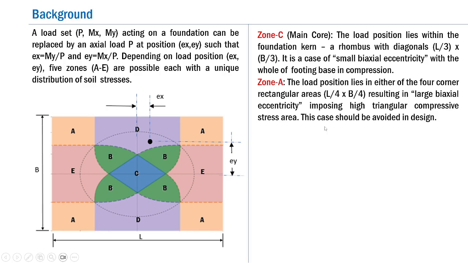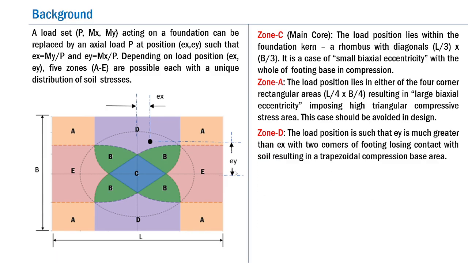The design engineers should ensure that a load position in area A is altogether avoided for the design, because it means a very high biaxial eccentricity with the lifting of almost 3 corners.